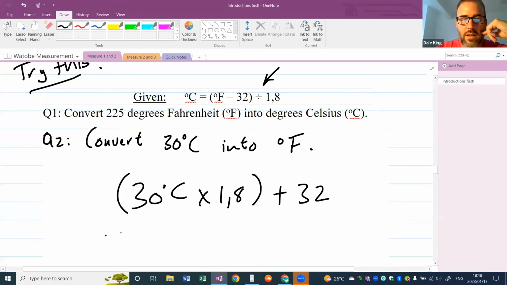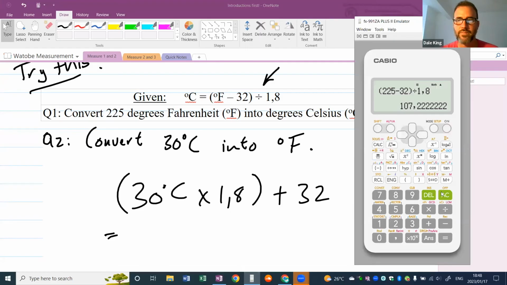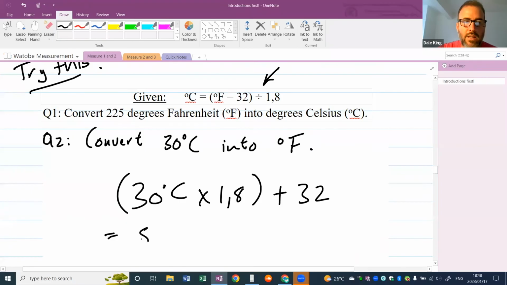All right, so let's see what we get. I'm going to use brackets, times 1.8, close the brackets, and add on 32. 86 degrees Fahrenheit. Okay, so we've got an answer here of 86 degrees Fahrenheit.